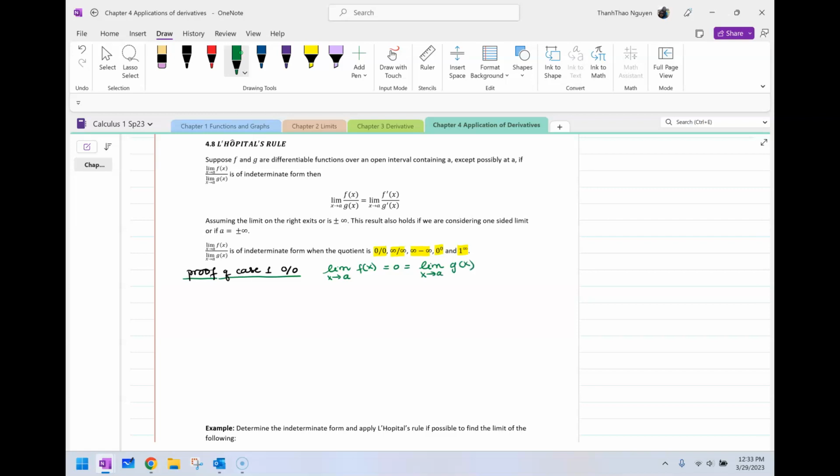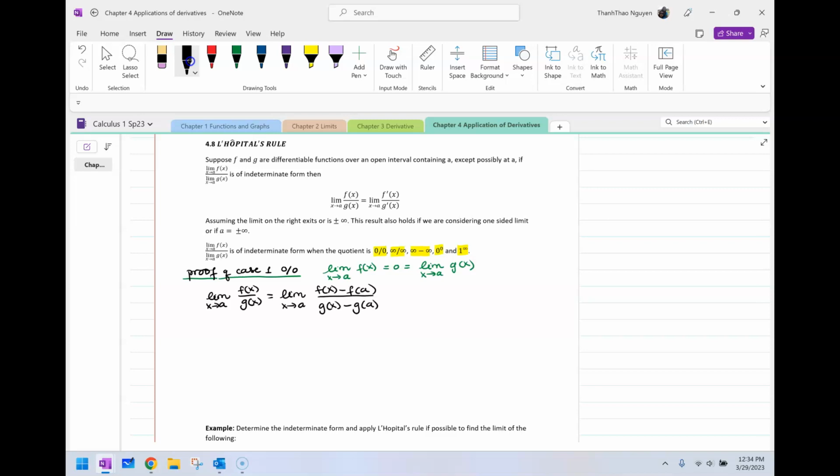Okay. And since the function is continuous at x equals a and differentiable, I can then write this as the limit as x approaches a of f of x minus f of a divided by g of x minus g of a.